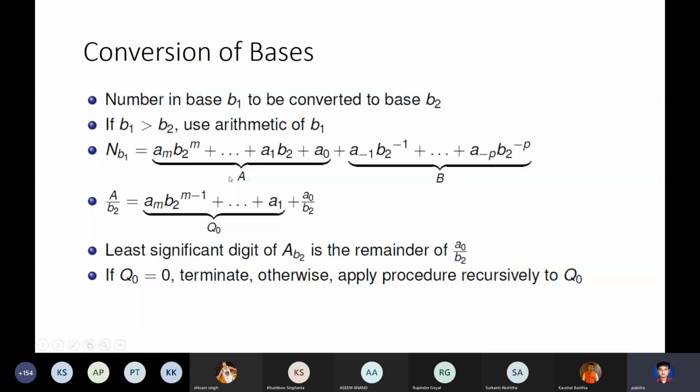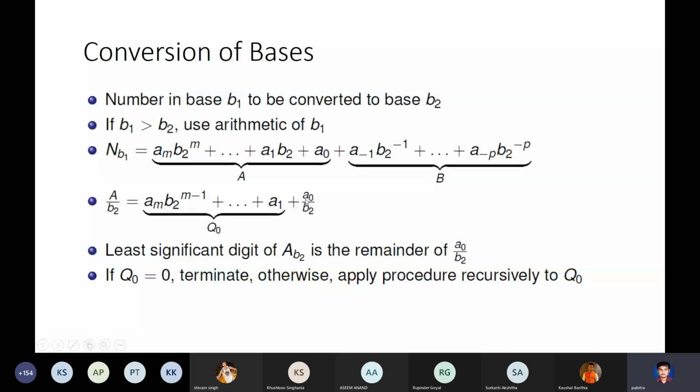So the remainder gives you the least significant digit of the integer part. And this you do recursively: if you just look at Q0 and again divide by B2, you get a1, similarly a2. So you go on doing this till Q becomes 0, then terminate. Otherwise you will keep on recursively doing it.